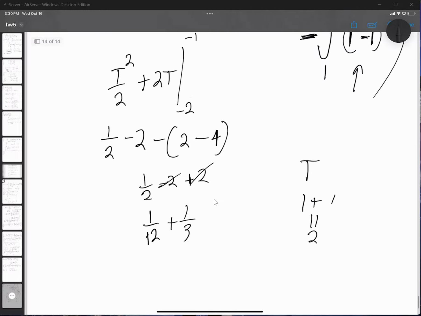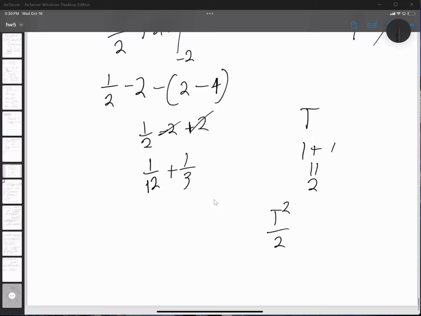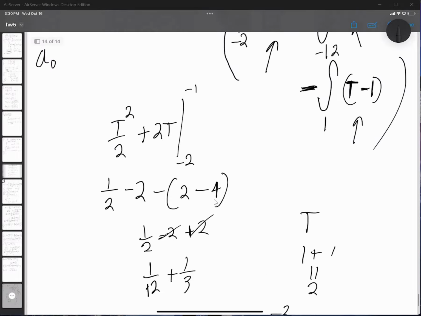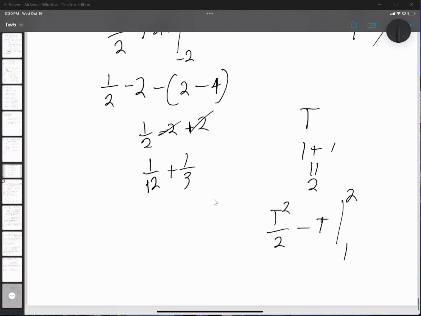And then t minus 1. t squared divided by 2 minus t from 1 to 2. I'll get 4 over 2 minus 2 minus 1 half minus 1, negative 1 half, positive 1 half. So we'll get plus 1 half from that. Then we'll get 4 over 2, 3 over 2, negative 3 over 2, 4 over 2.